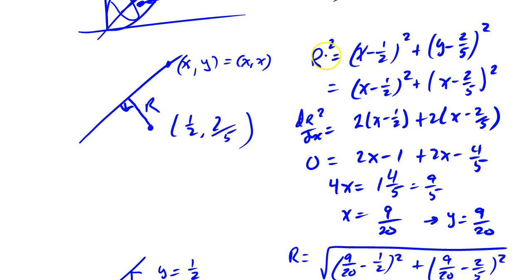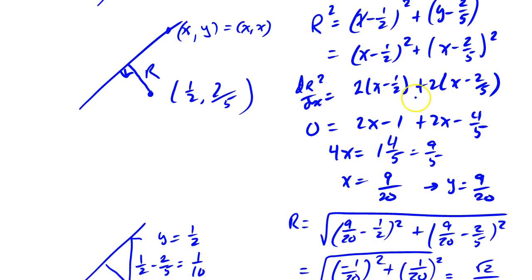But don't take the square root because I want the radius squared. I'm going to replace the y by x to force myself to be on the line y equals x. And so here's my formula for r squared. Here's the derivative with respect to x. I can minimize in this case when the derivative is equal to 0. So I set this equal to 0, solve for x, and x turns out to be 9/20.